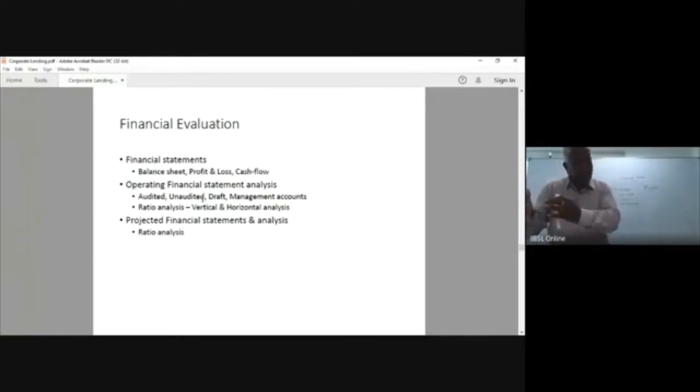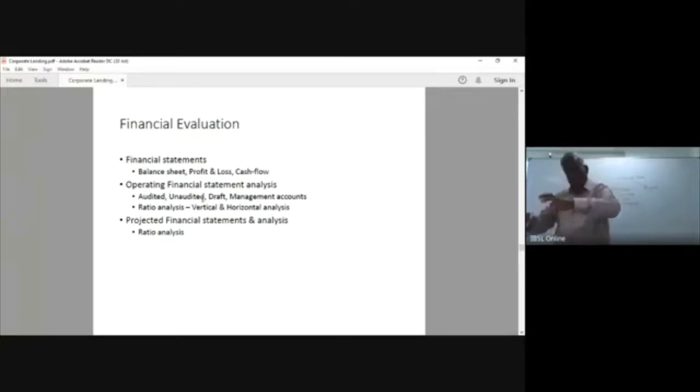Then the draft: the company accountant has prepared the financial statement but it has not yet gone to the auditors. So this is audited, unaudited, draft. When you do the analysis, you must say whether it is an audited, unaudited, or draft statement.